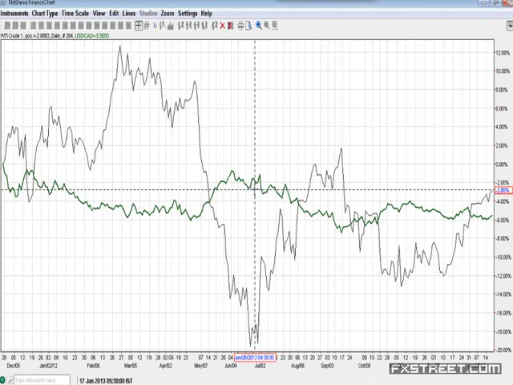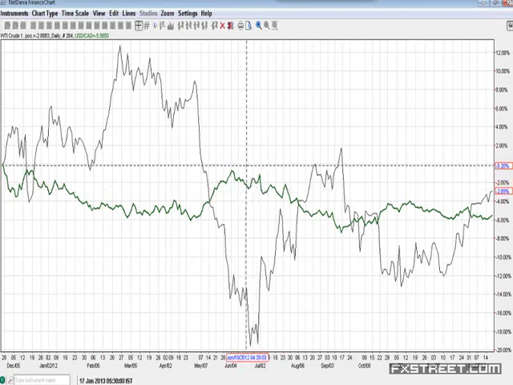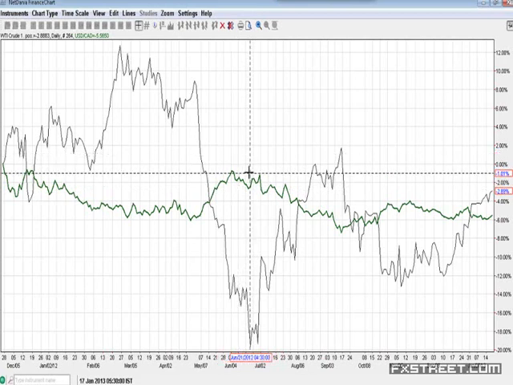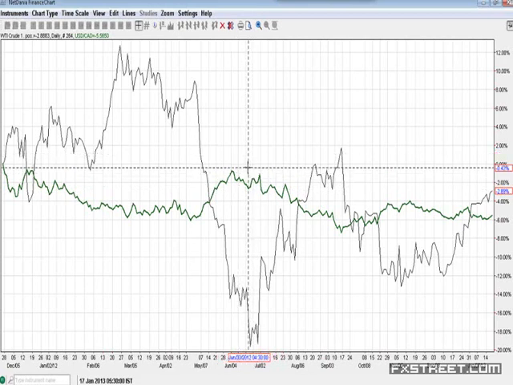Now, one of the major correlations that you have, we looked at the USD CAD, we looked at the USD CHF, right? The yen pairs, or USD JPY particularly, are supposed to be correlated with the USD. So it should follow the USD CHF, it should follow the USD CAD.